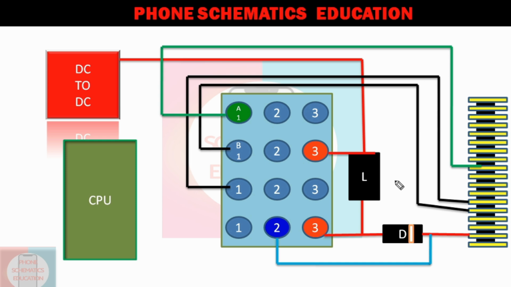If there is an LCD panel, not AMOLED or OLED, super AMOLED display, or AMOLED display, or OLED display, and your light and graphics have a problem, your display is totally blank.